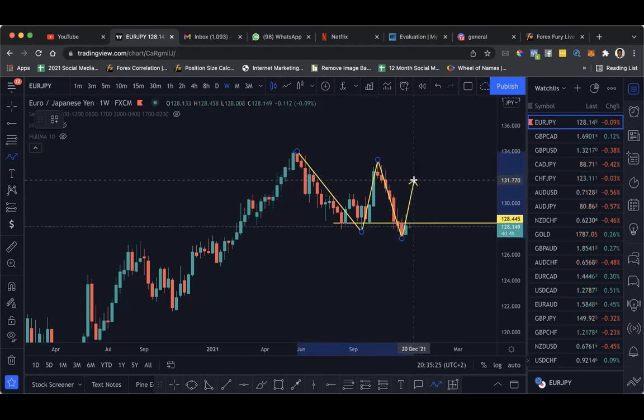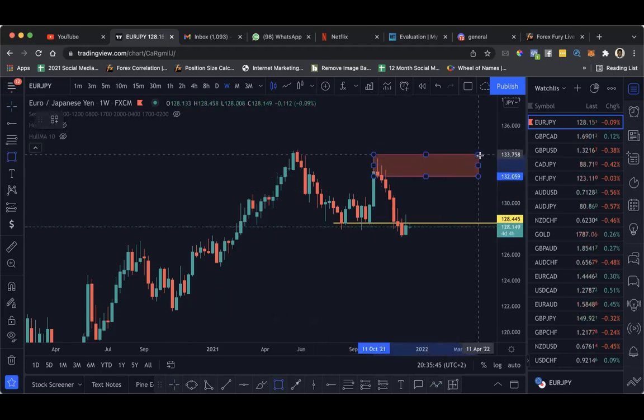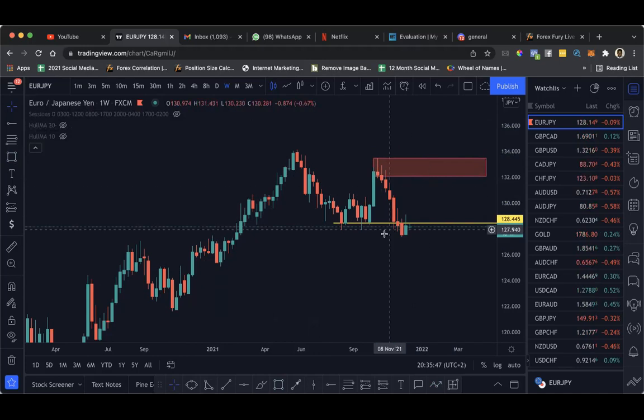So if price will truly obey our analysis and then goes up, price should get to a supply zone, which is a lower high. So based on this weekly analysis, the supply zone above the break of structure is here. You can see it, rally, base, drop. So this is a supply zone. You can see another one, drop, base, drop.